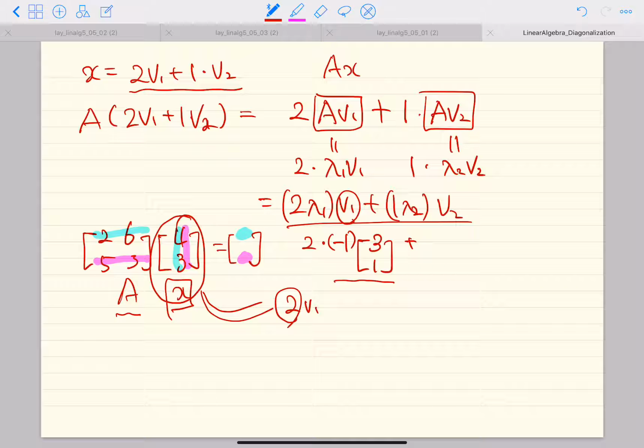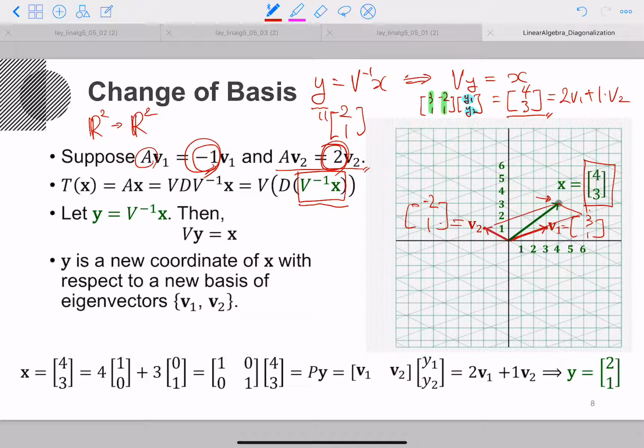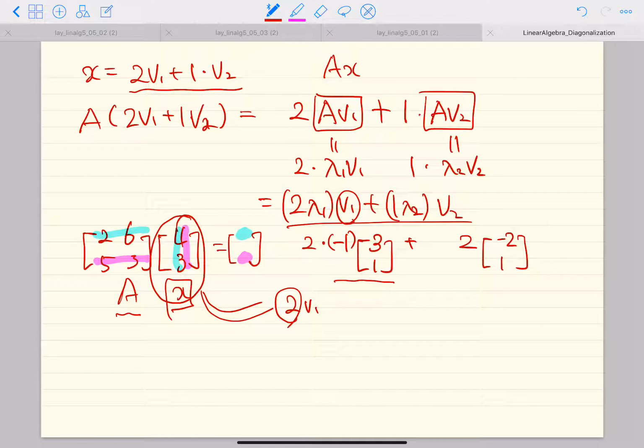Then for (-2, 1), its corresponding eigenvalue is 2, and we have 1, which is the original linear combination coefficient when representing the input vector x in terms of the eigenvectors, right?